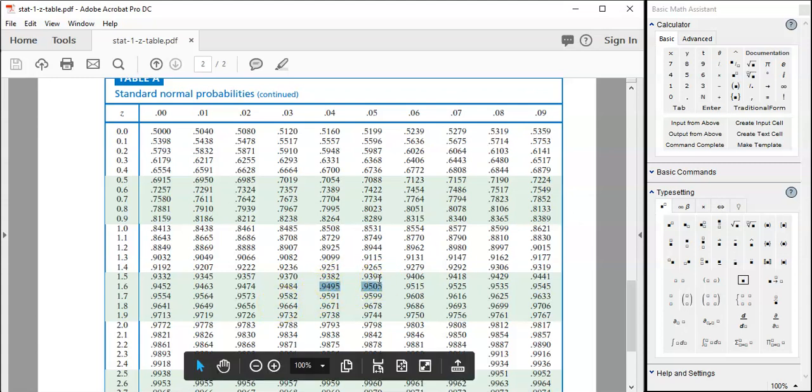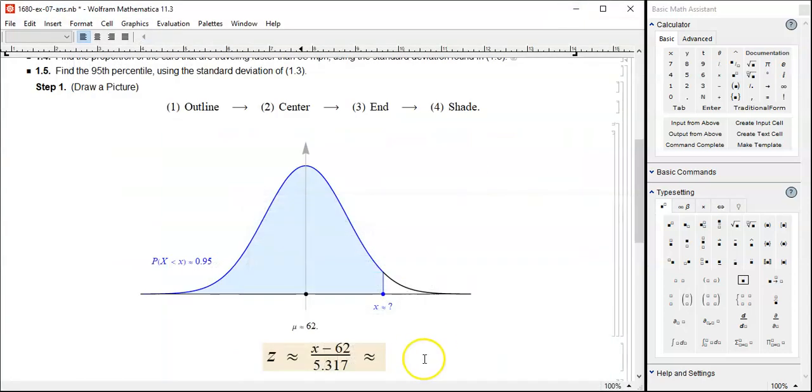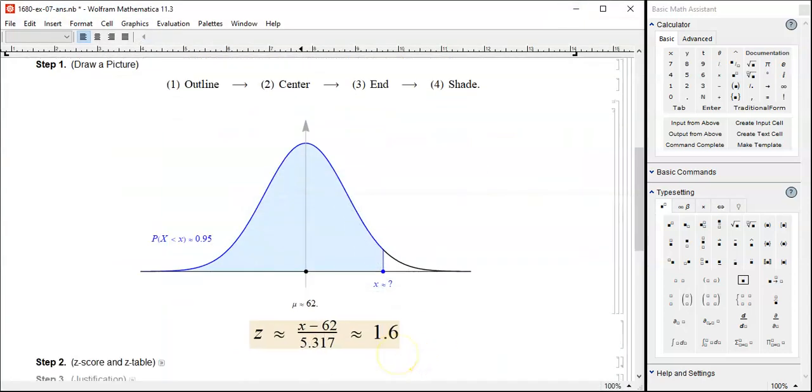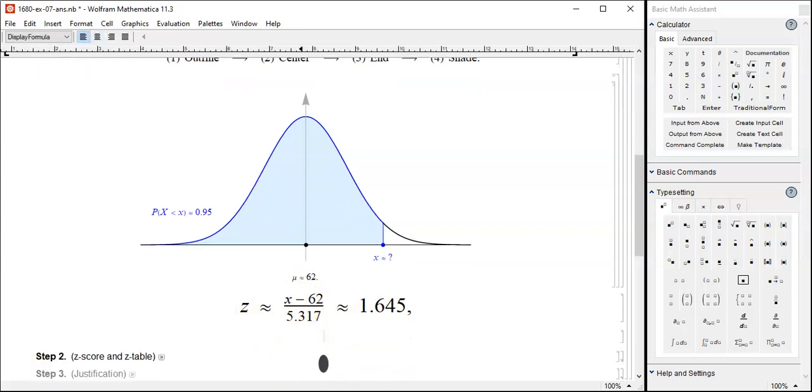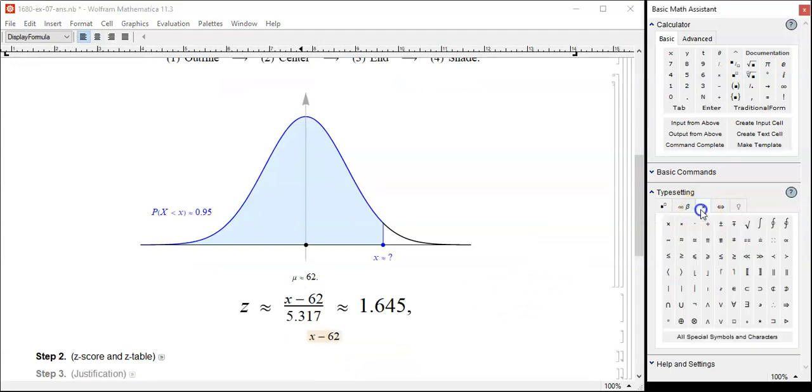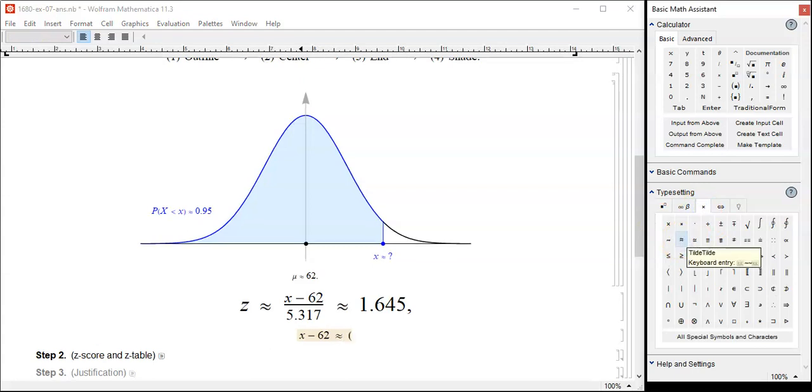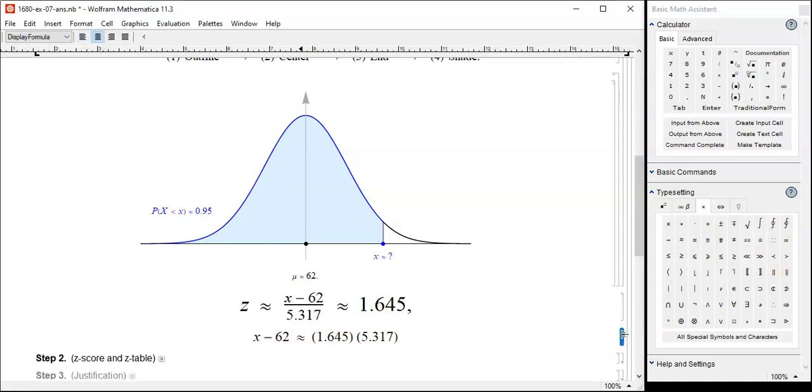So I'll estimate it somewhere in the middle, 1.645. So from here I can find out what x is. So x minus 62 is approximately 1.645 times 5.317 if I flip this denominator to the other side.